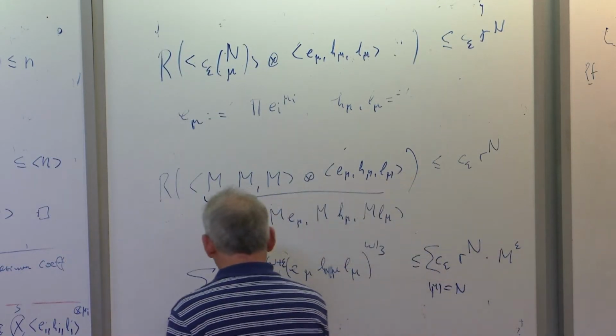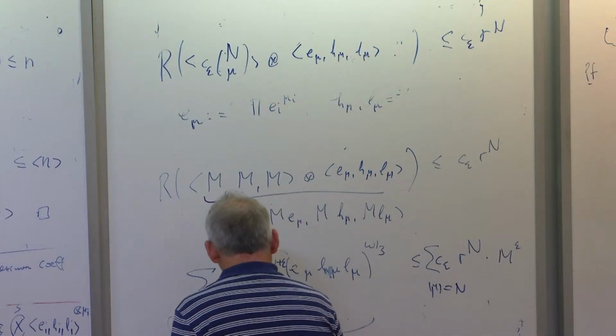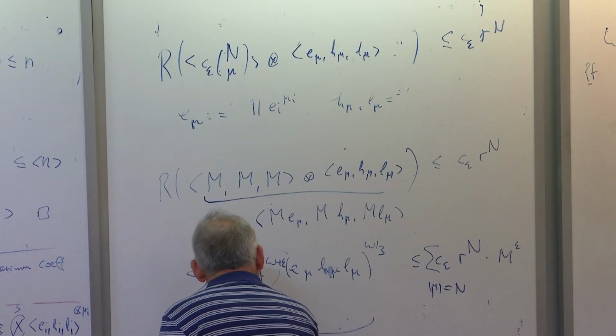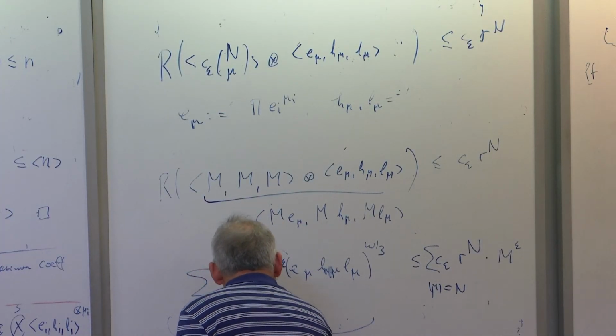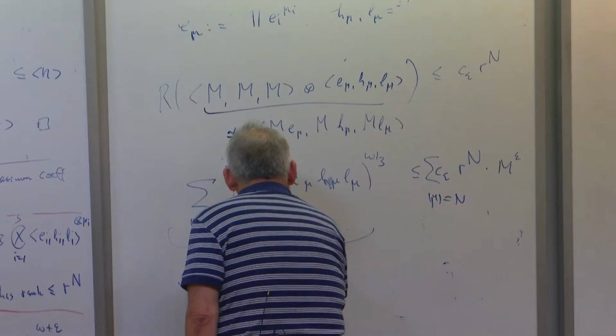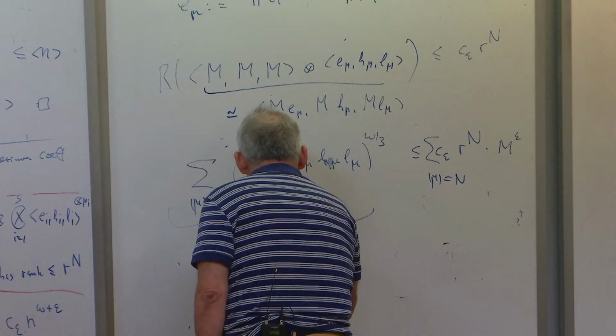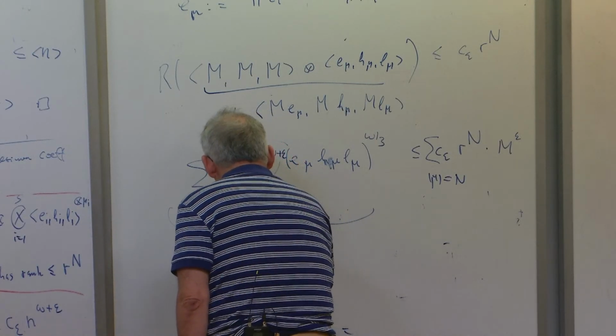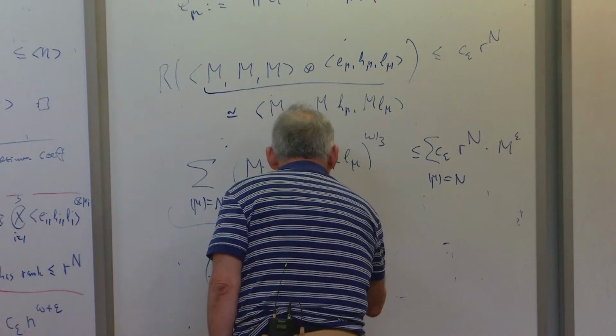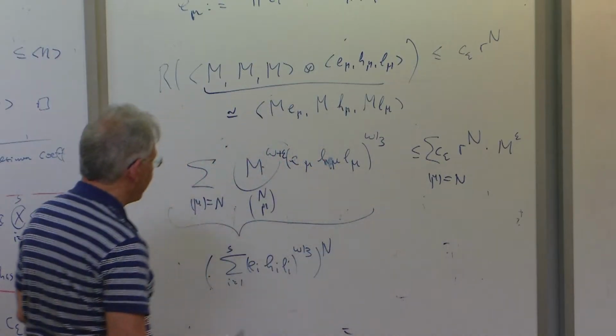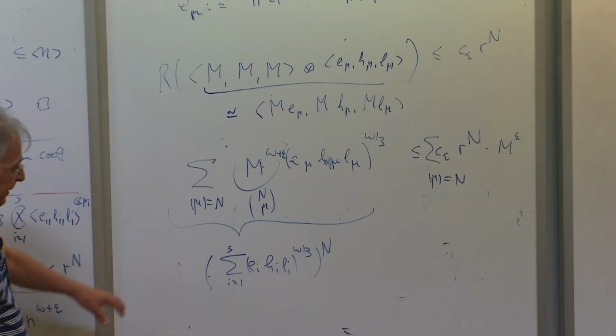And what I get here by applying the multinomial coefficient is this. Now this is important. Now I have this, omega third. I'm skipping a little step, but okay, this is this.